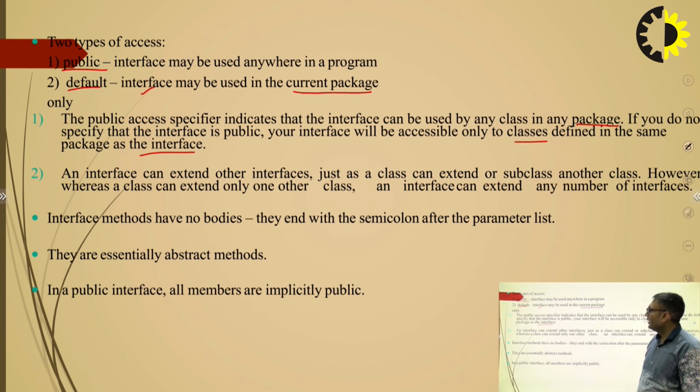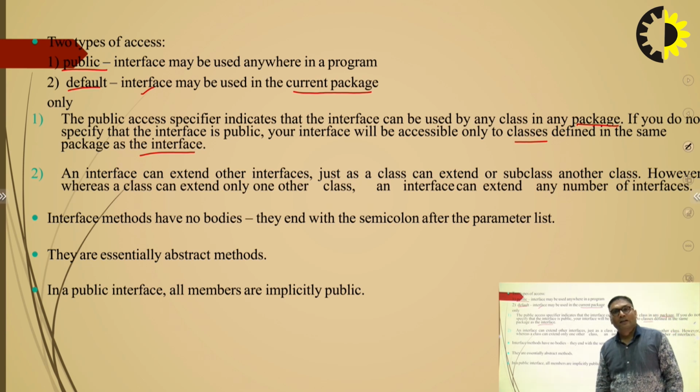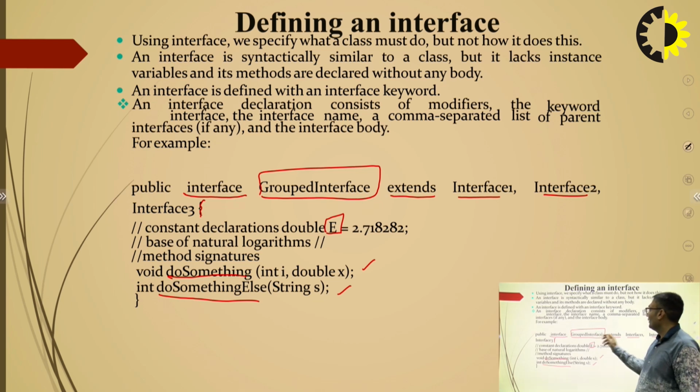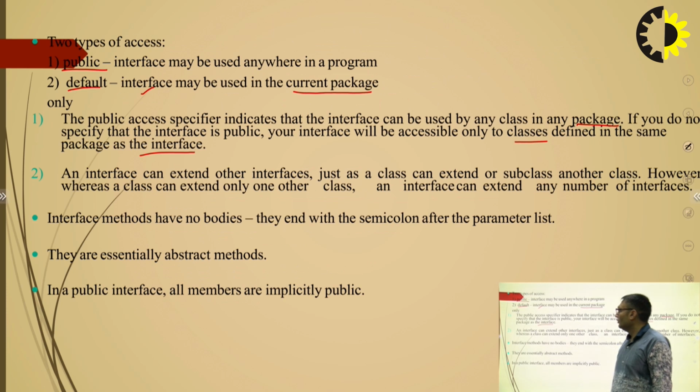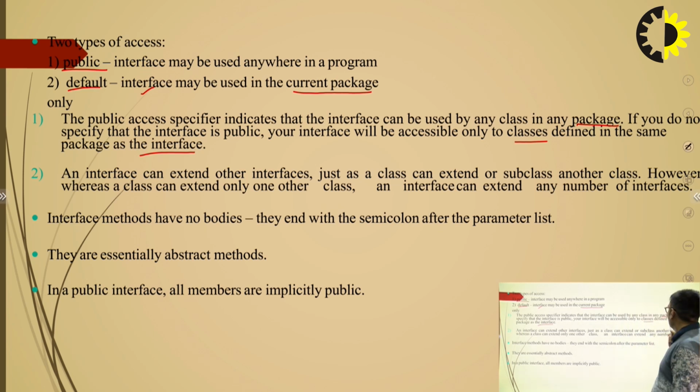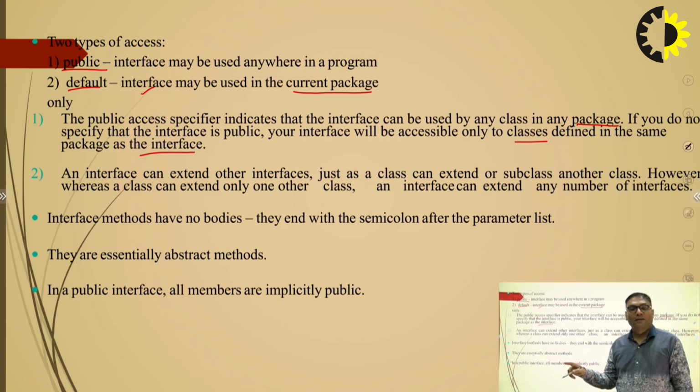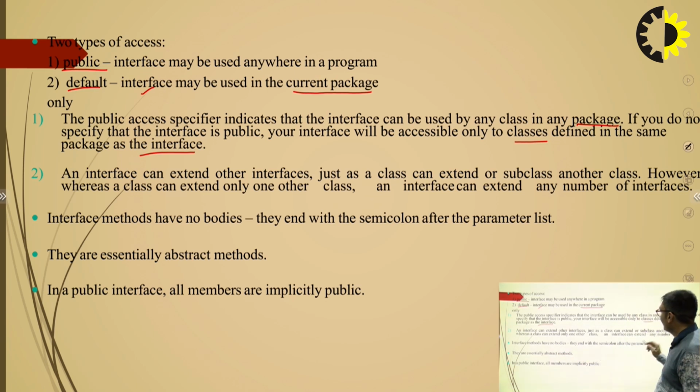An interface can extend another interface. We have seen that the group interface extends interface 1, interface 2, interface 3. So an interface can extend other interfaces just like a class extends another class. This point is very similar in the case of class and interface, but a class can't extend multiple classes, while an interface can extend multiple interfaces.